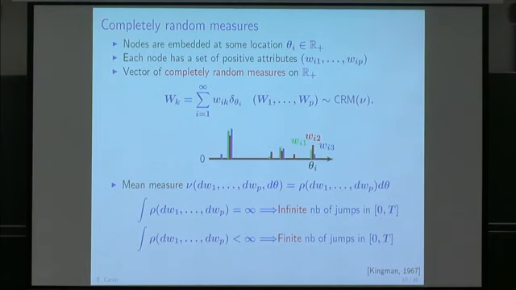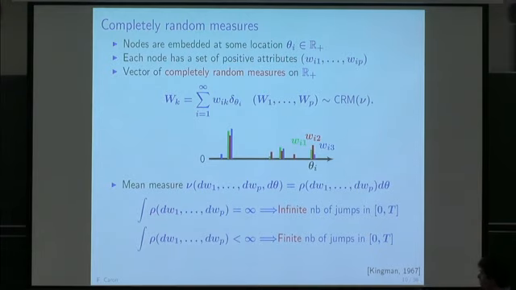This vector of completely random measures is characterized by a mean measure nu, which I will assume decomposes into two parts. One part will tune those features, which is rho here. Rho is a Levy measure, and the other part is for the location, and here it's just the Lebesgue measure. The important part is this Levy measure rho that will tune the distribution on those positive parameters. I will distinguish two important parts.